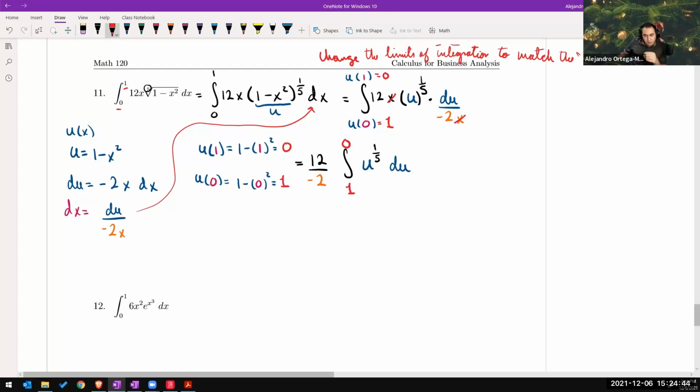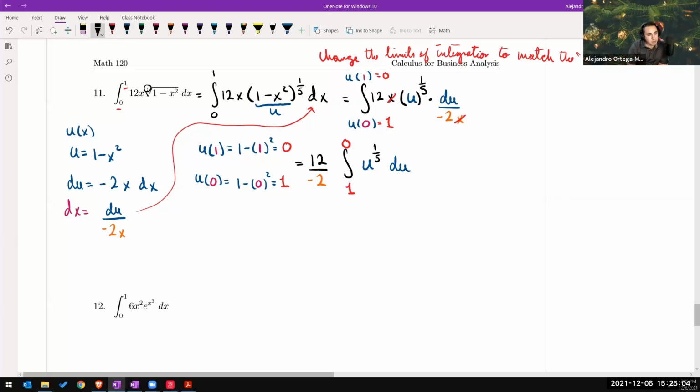And so this is the first approach. I'll show you the second one in a minute. But let's finish this problem. Once we've rewritten the integral in terms of u's, and rewritten the limits of integration in terms of what's happening with the u, not the x, then we just do the antiderivative.